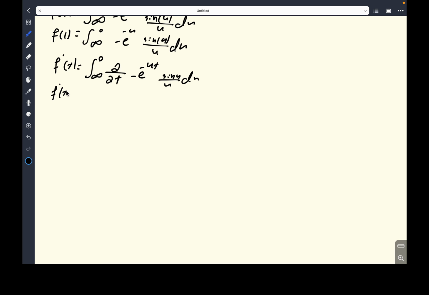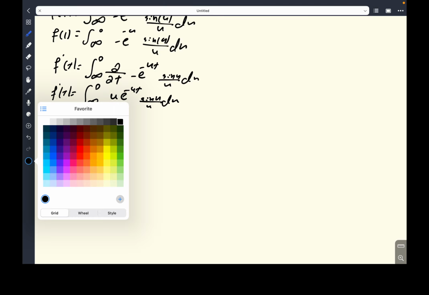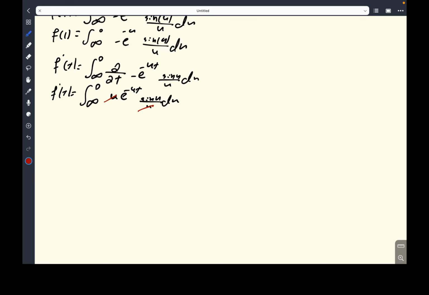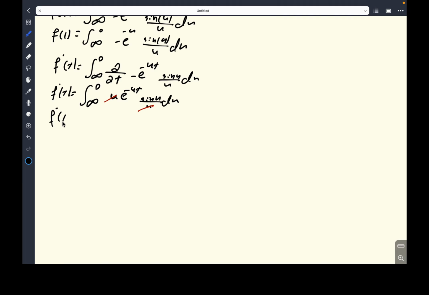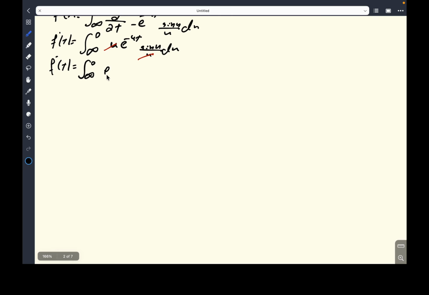My f prime of t thus is the integral from infinity to 0 of u e to the negative ut sine u over u du. Now I can cancel out the u's here. So my f prime of t is going to be the integral from infinity to 0 of e to the negative ut sine u du.